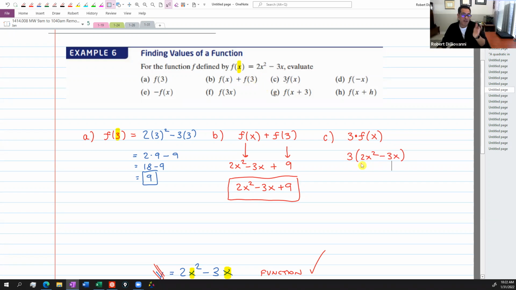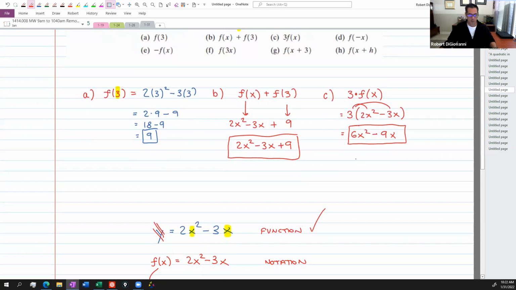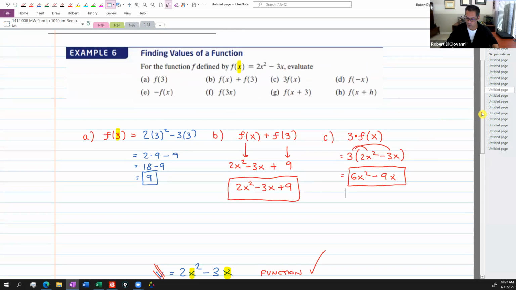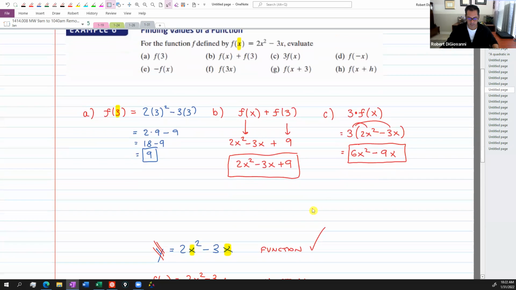And when we multiply, be careful because you have to distribute. If you have more than one term, the 3 has to distribute to each. So this will become 6x squared minus 9x. And we're done. Questions?